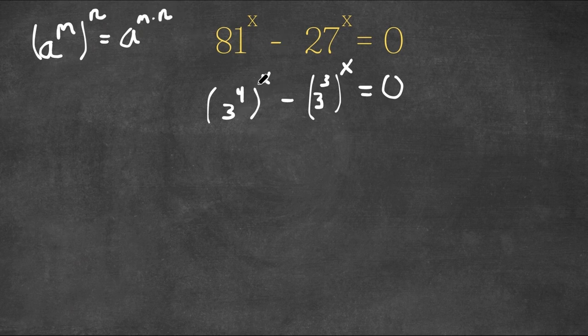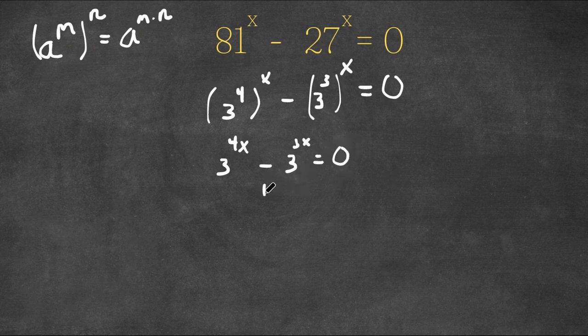Meaning 3 to the power of 4 to the power of x, well, this would equal 3 to the power of 4 times x, or we could also write that as 4x, minus, now we're going to do the same thing over here, 3 to the power of 3 to the power of x. This is the same thing as 3 to the power of 3 times x, which is simply just 3x. Now this is equal to 0.